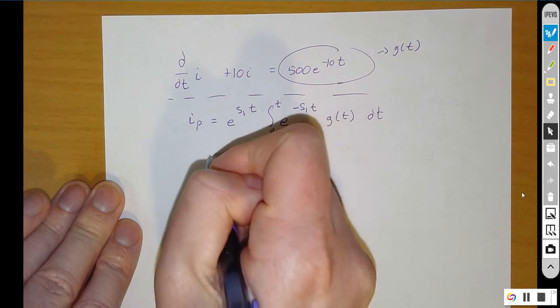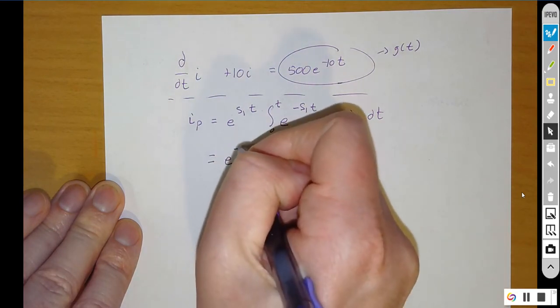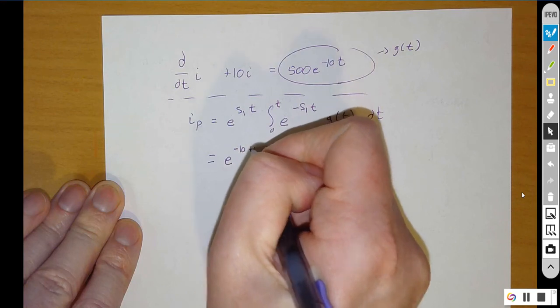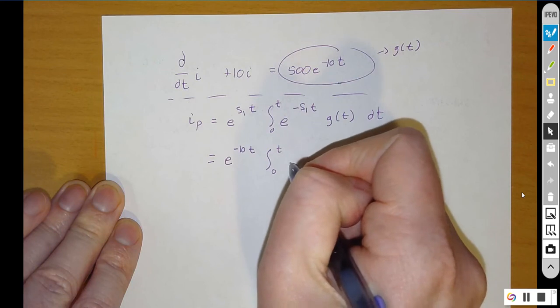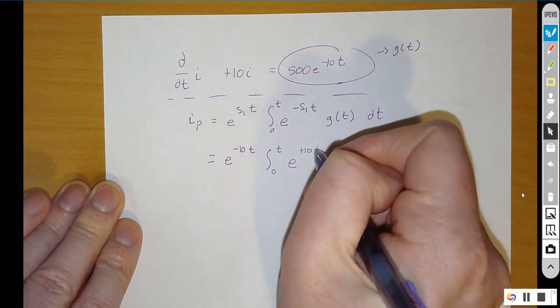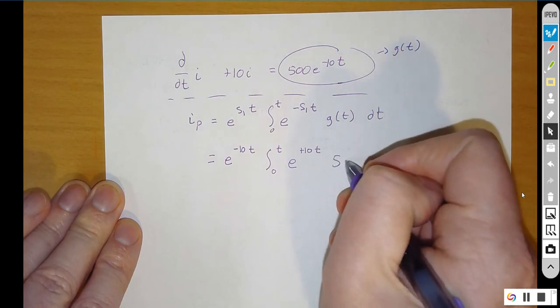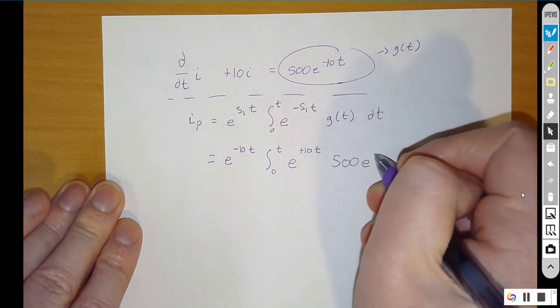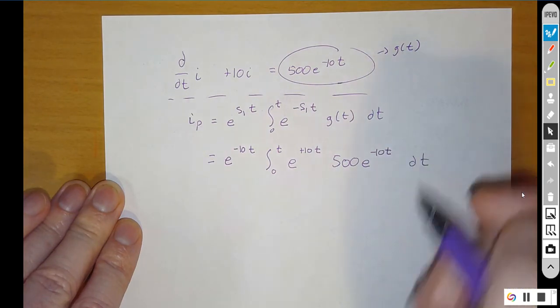So let's plug in our numbers. We're going to get e to the negative 10t, integral from 0 to t of e to the, since we have a negative 10, a positive 10t. And then g of t is 500 e to the negative 10t dt.